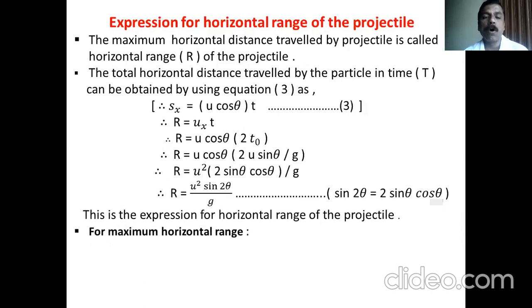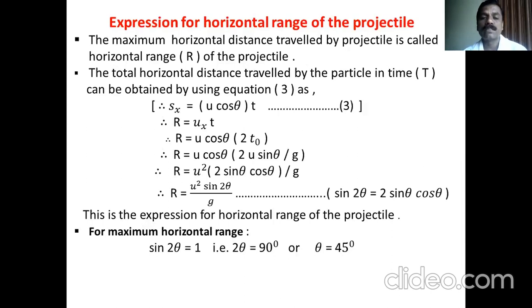Now here, if you observe, this horizontal range depends upon the value of theta, which is called the angle of projection. Now we want to find the value of the maximum horizontal range. We know it depends upon the value of theta.